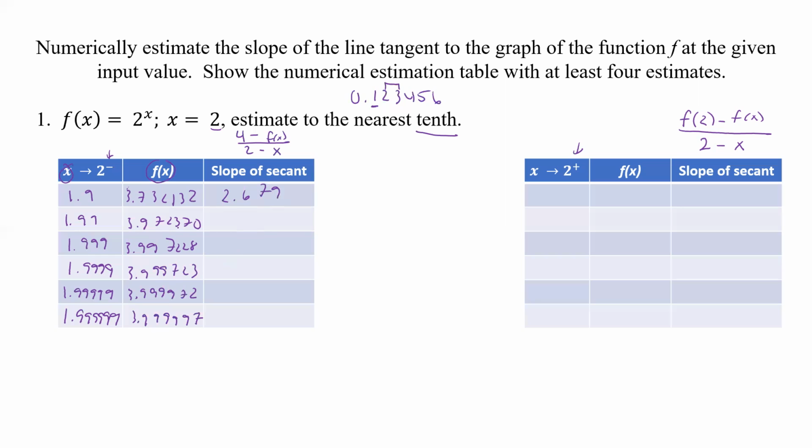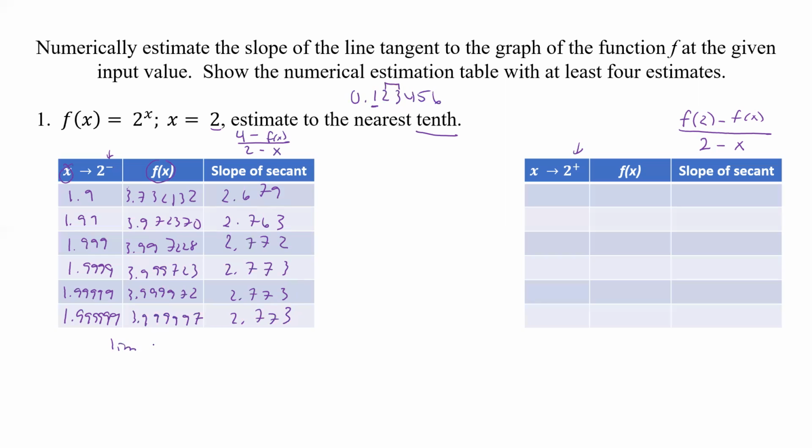Now, if we plug in all of this, then we're going to get 2.763, and then 2.772, 2.773, and then it keeps going 2.773, and then 2.773.